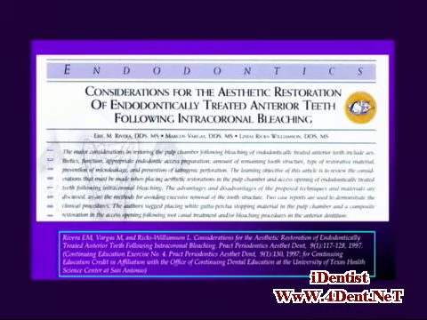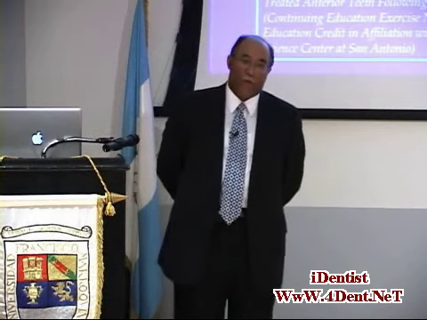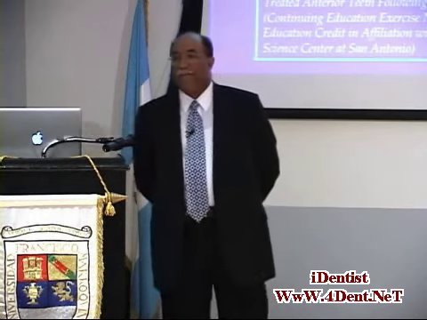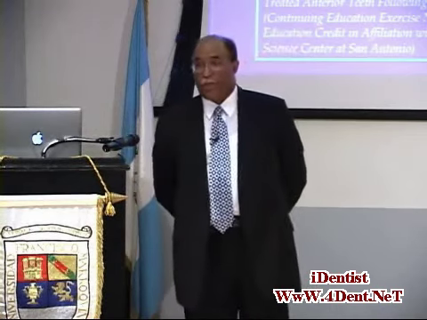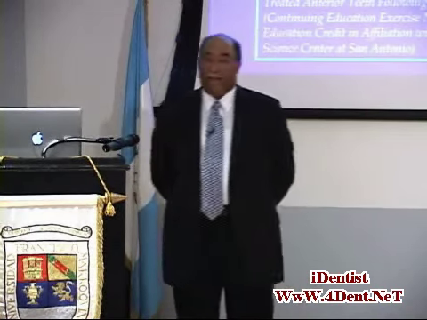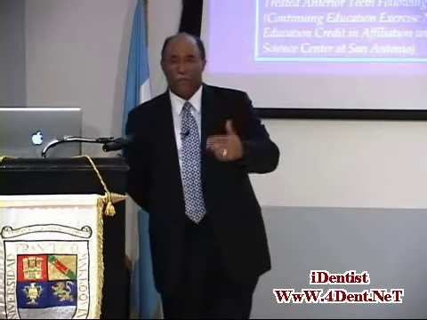Now, some of you, as far as restoration of the endodontically treated teeth, will have to perform restorations on teeth that have had root canal treatment in the anterior region. And some of these may even require a bleaching procedure called an internal walking bleach procedure in order to lighten the tooth.